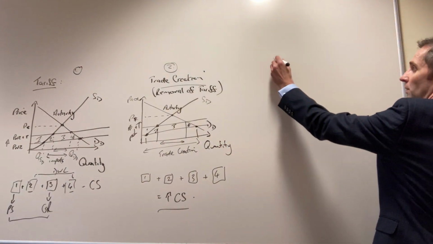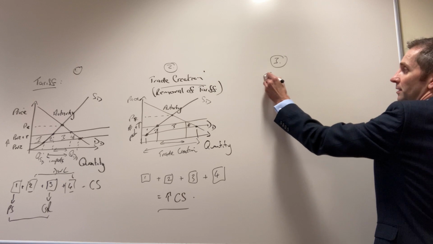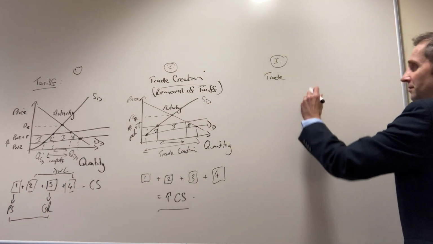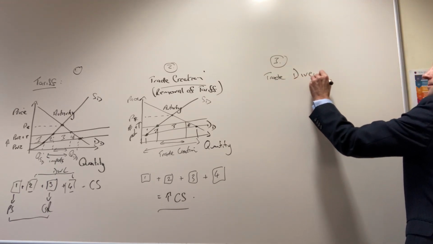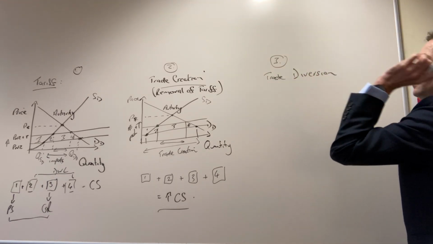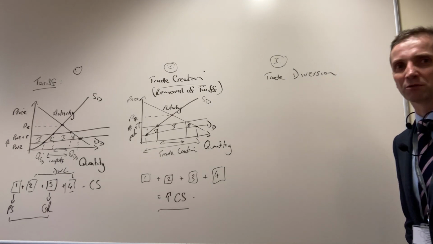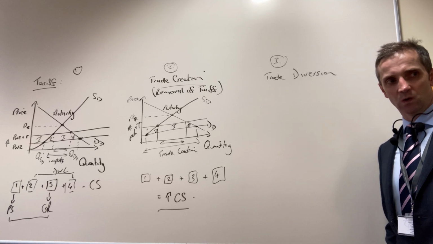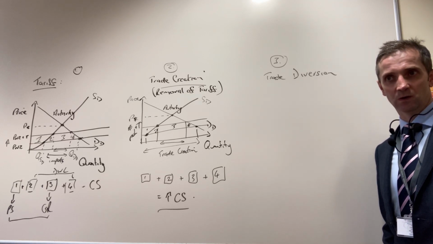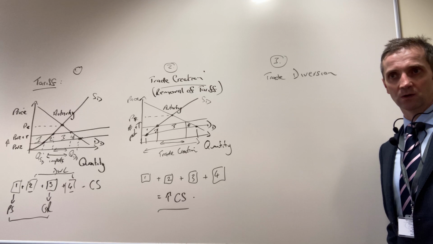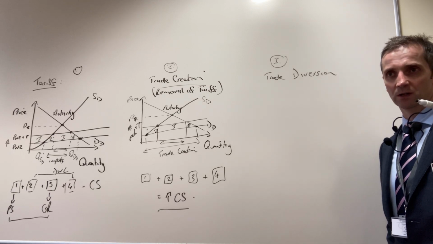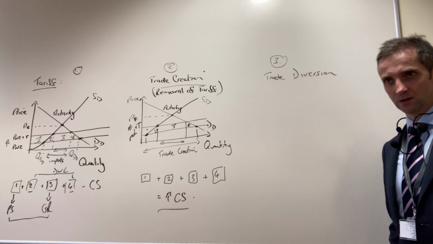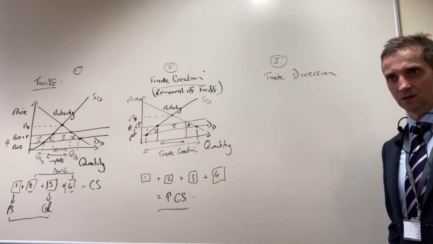And then the last one, the trade diversion. Just before we get into the diagram, the general gist of trade diversion is what? Changing buying from the world's most efficient supplier to a less efficient supplier because the prices are lower due to a free trade agreement.